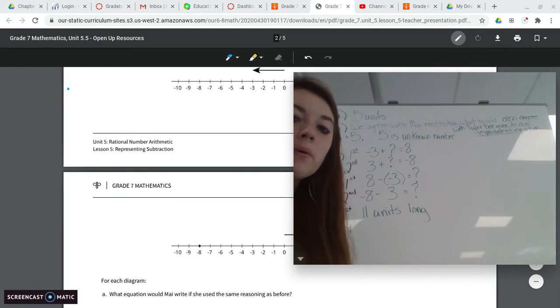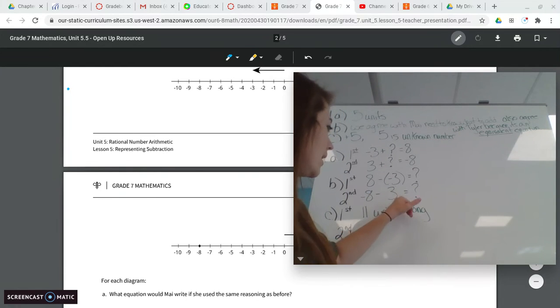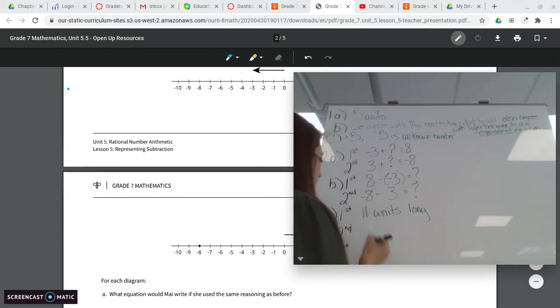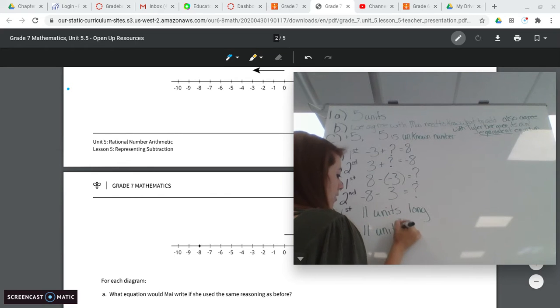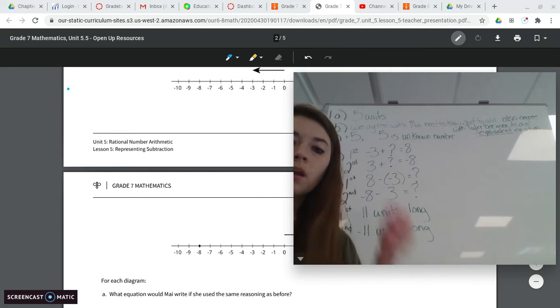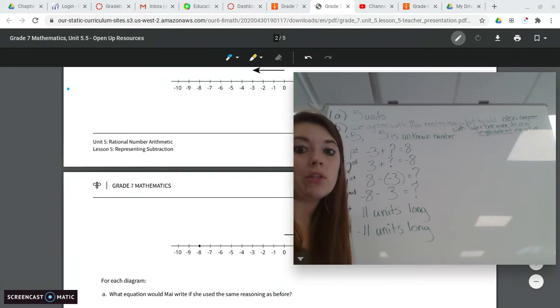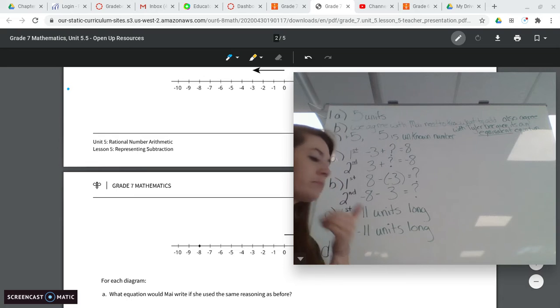Now, for the other equation, we have negative 8 minus 3, or we have 3 plus what equals negative 8. Well, in this case, it's going to be negative 11 units long. So those are our two arrows then. They're going to be 11 units long and negative 11 units long. So essentially 11 units long for both of them.